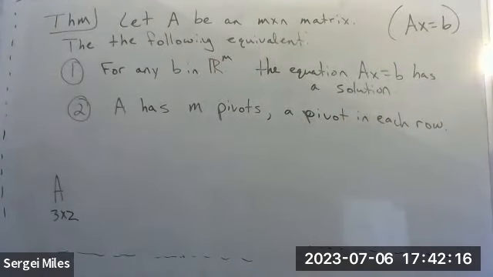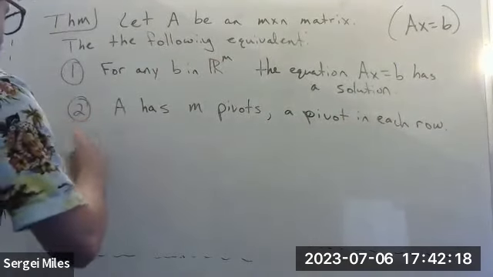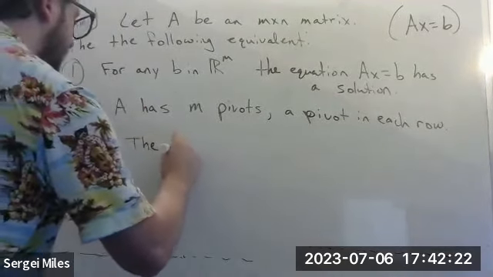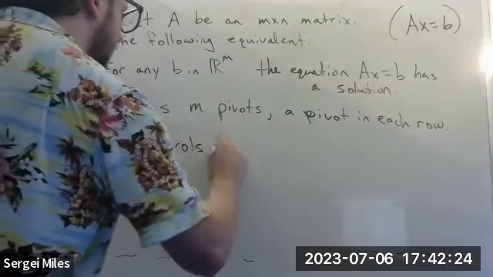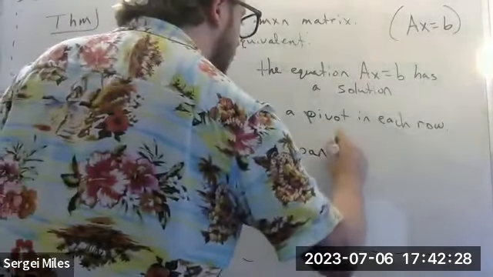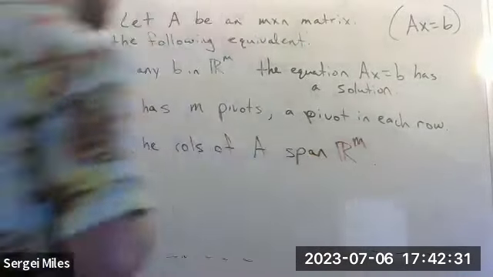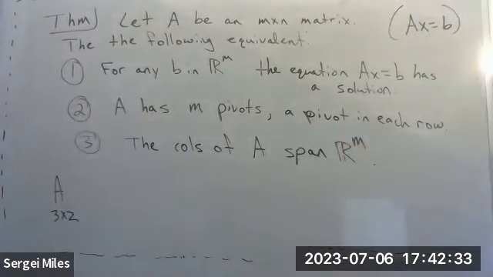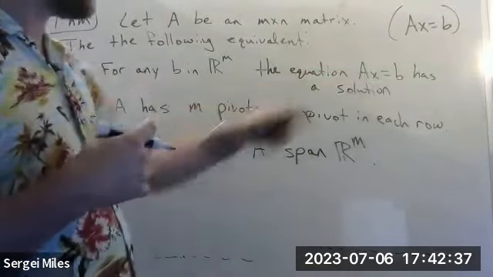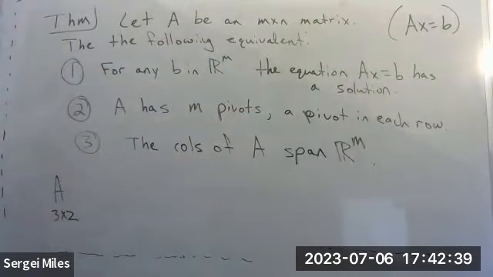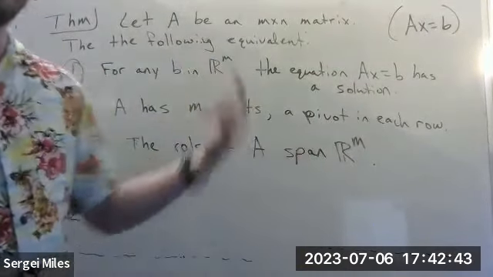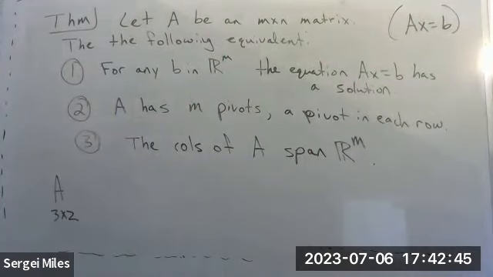But this also means, as we've said over and over again, that the columns of A span Rm. Why? Because they have enough pivots, right? For any B in Rm, there's a linear combination. If there's a linear combination, that means it's in this span, right? Because the span is the set of all possible linear combinations.